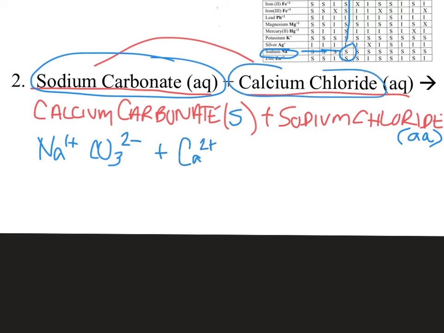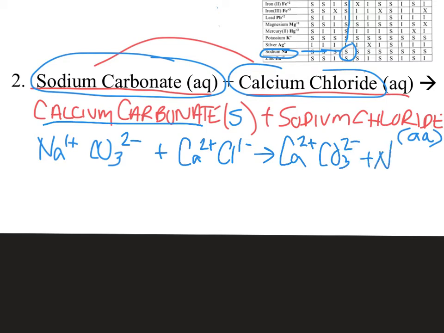Calcium has a 2+ charge according to the chart. Chloride has a -1 charge. Up next then is going to be calcium carbonate. And now I know all my charges from the reactant side. Carbonate is CO3, 2-. And the last thing is sodium chloride. Sodium had a +1 charge, chloride had a -1 charge.